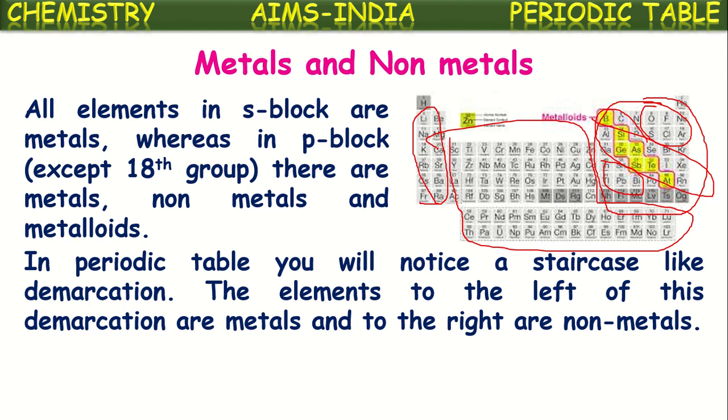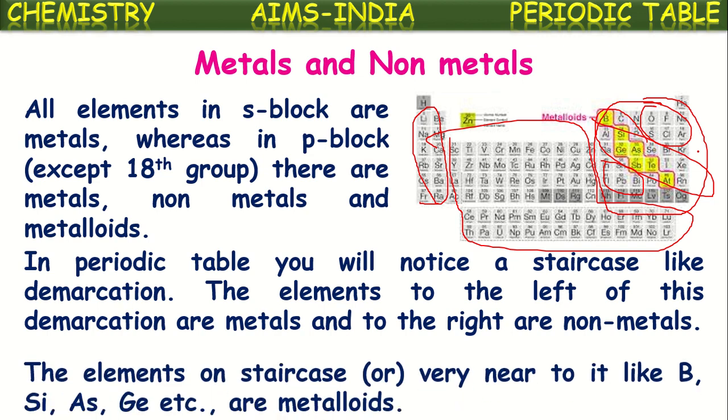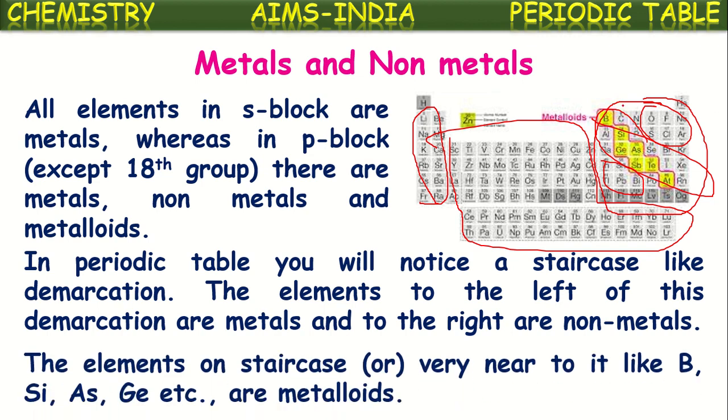In the periodic table, you will notice a staircase-like demarcation, isn't it? See this staircase-like representation. The elements to the left of this demarcation are metals, and the elements on the right side are non-metals. And the elements represented in this staircase are boron, silicon, germanium, arsenic, antimony, tellurium, and astatine.